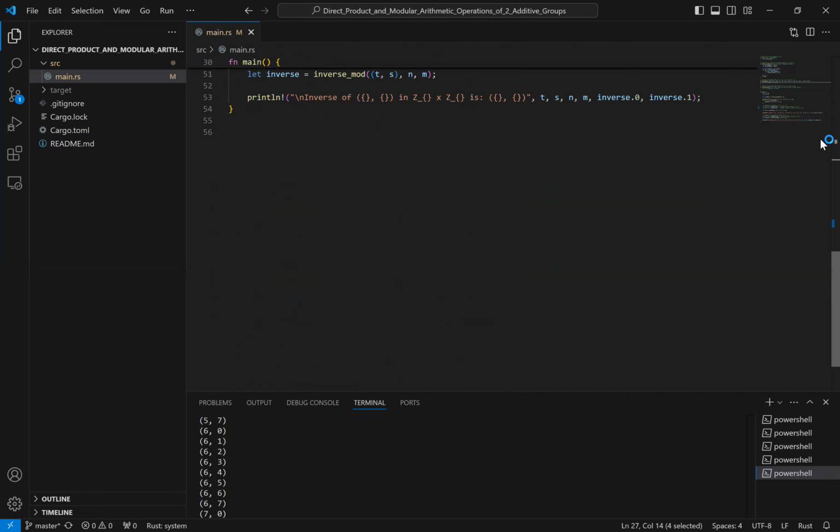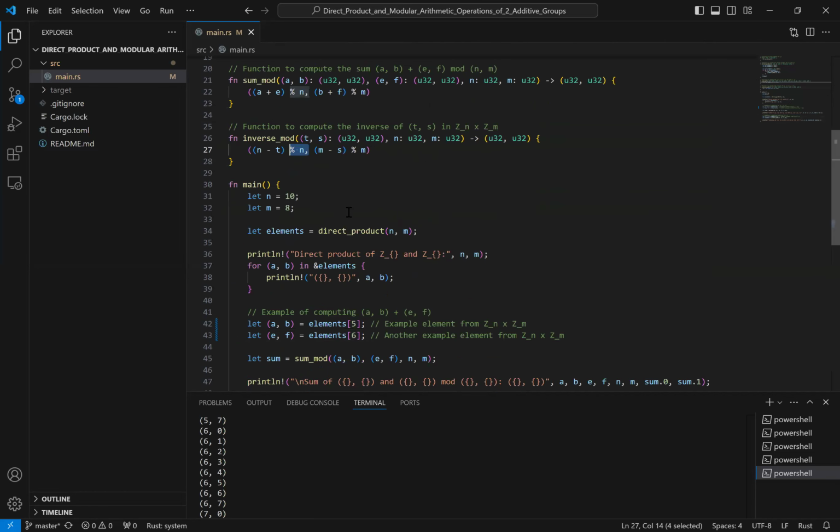Now, we can increase the size of the group and see what happens, but not so much because it might take long to run. Just increase it a bit so that we don't wait for a long time.